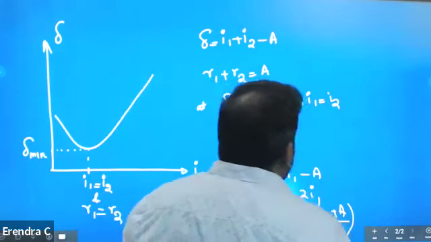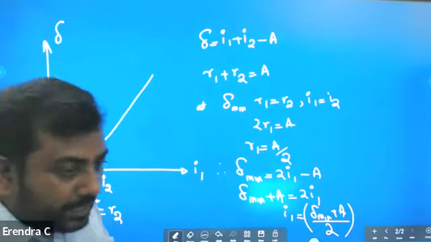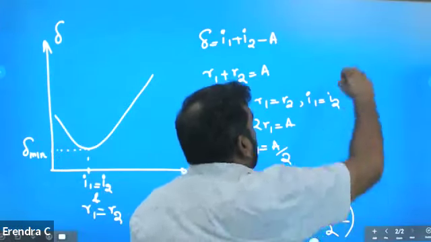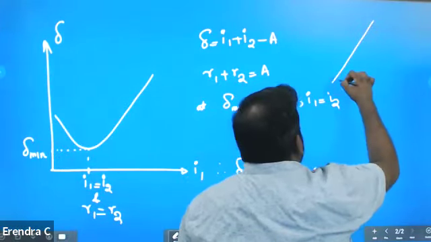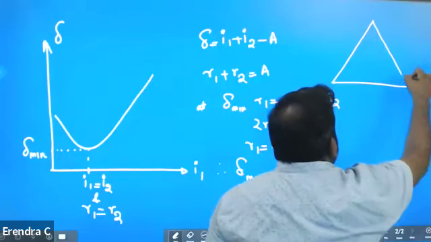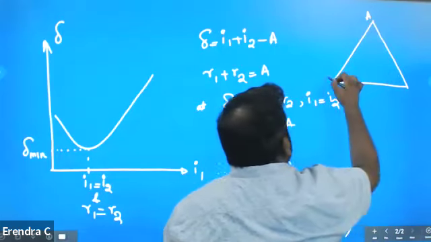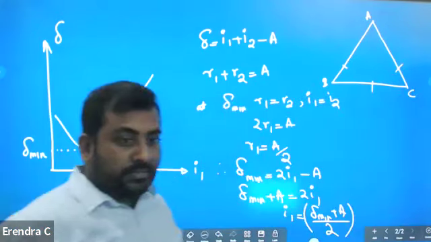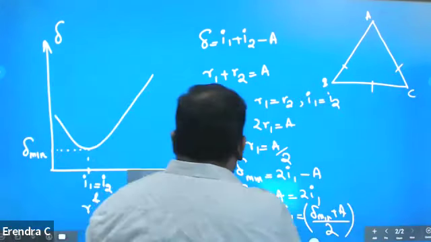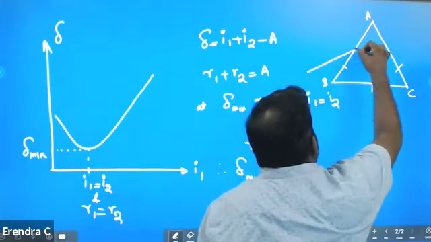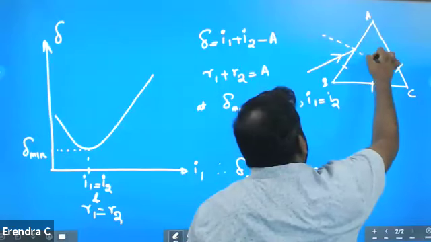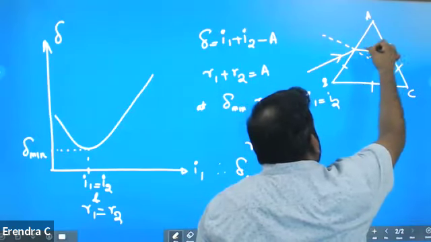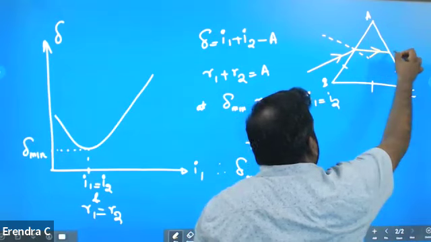Now from this, we can find a relationship for the refractive index. Now at minimum deviation, especially for an equilateral prism, if I take this as an equilateral prism, look at this board. At minimum deviation, the refracted ray is parallel to the base.